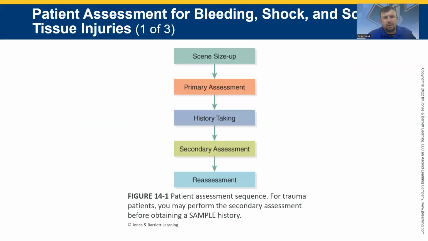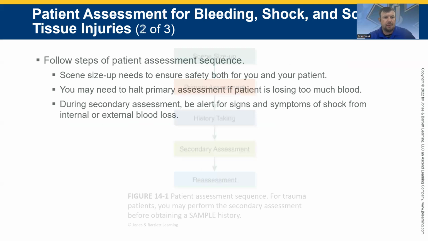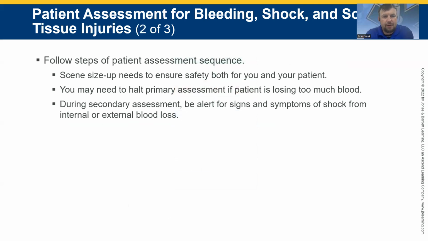So as always, we begin with our assessments. We want to do our scene size-up, moving on to our primary, our history taking, our secondary, and then our reassessments. So we want to follow those steps. Your scene size-up needs to ensure safety for you, your partner, and your patient.